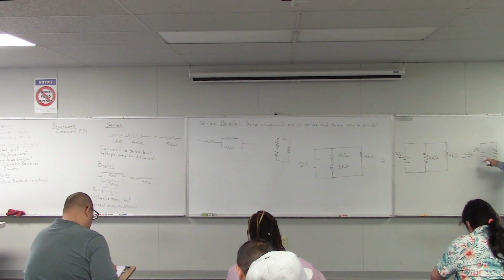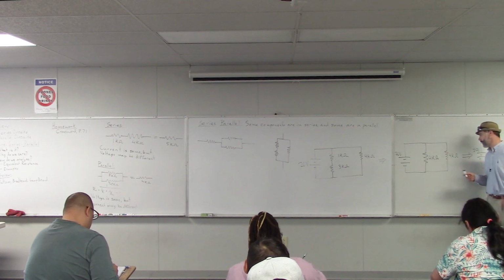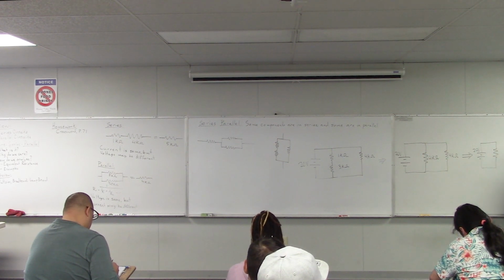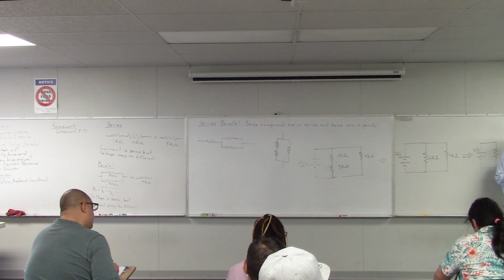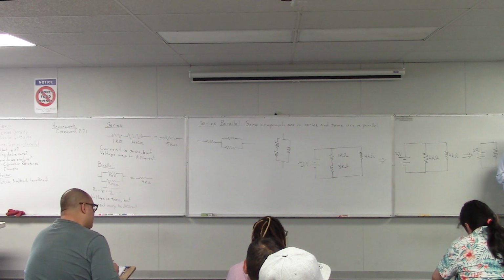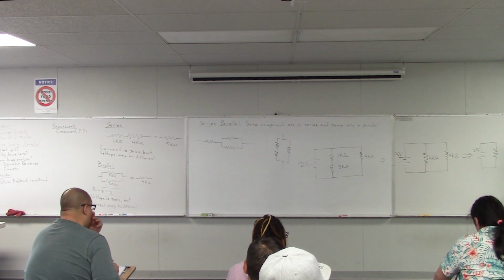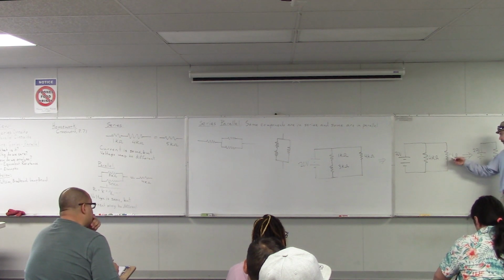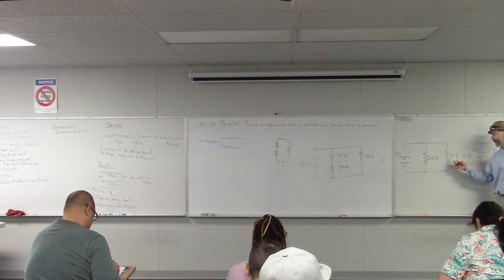Now, those two are the same value. So do we have to use that long formula, or can we use a shortcut? Short formula. That's right, we can use a shortcut. And what is that shortcut? Take the resistance divided by the number of resistors. Yeah, exactly. So we take the value of one resistor and we divide it by the number of resistors.